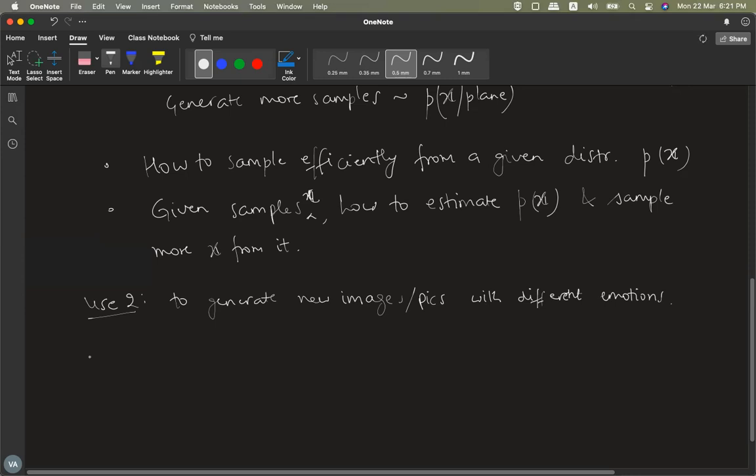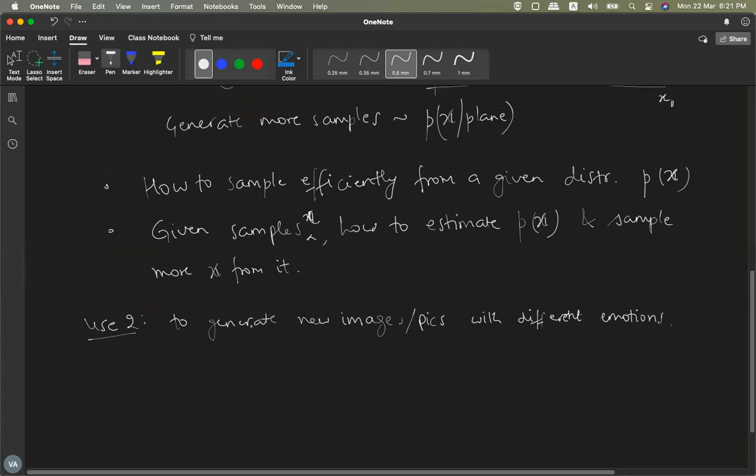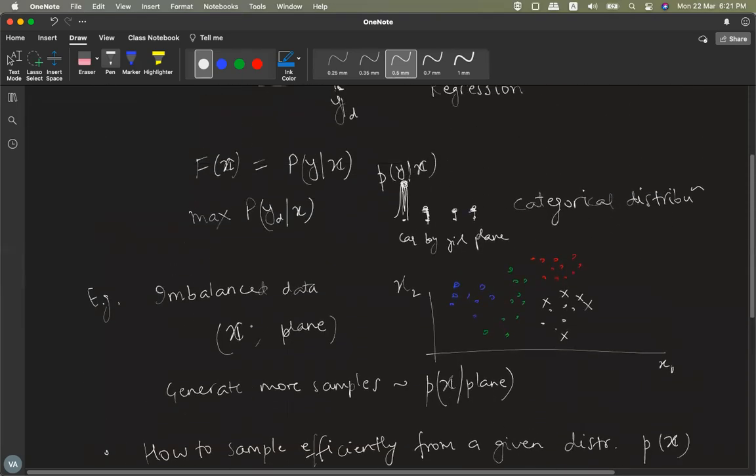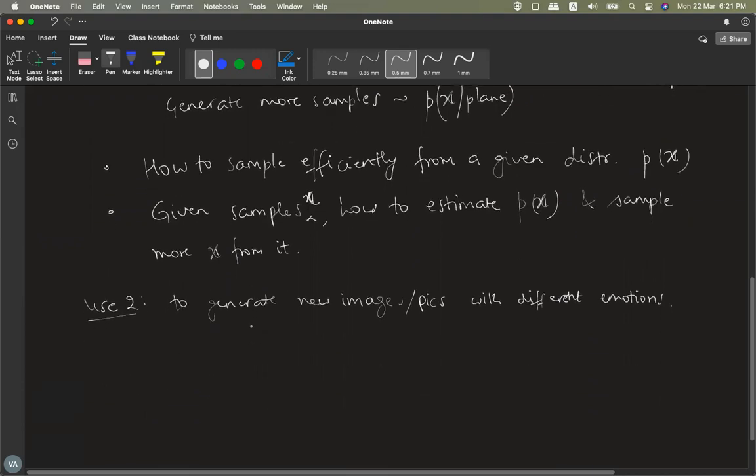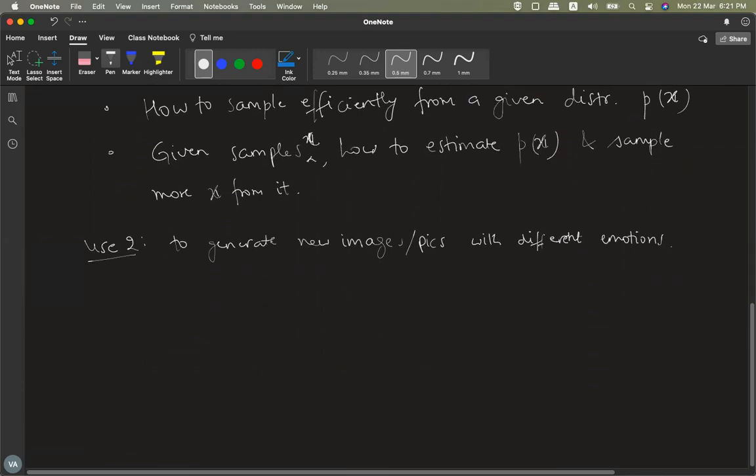Yes, that will be kind of utility one, where you have imbalanced data. In your case, instead of imbalanced data, every class has small data and you want to upsample it. Good. Any more utility?